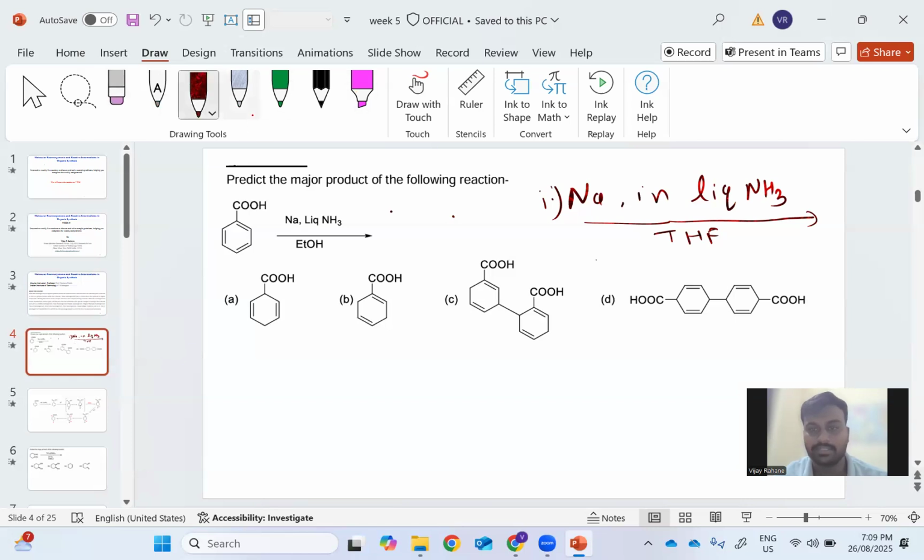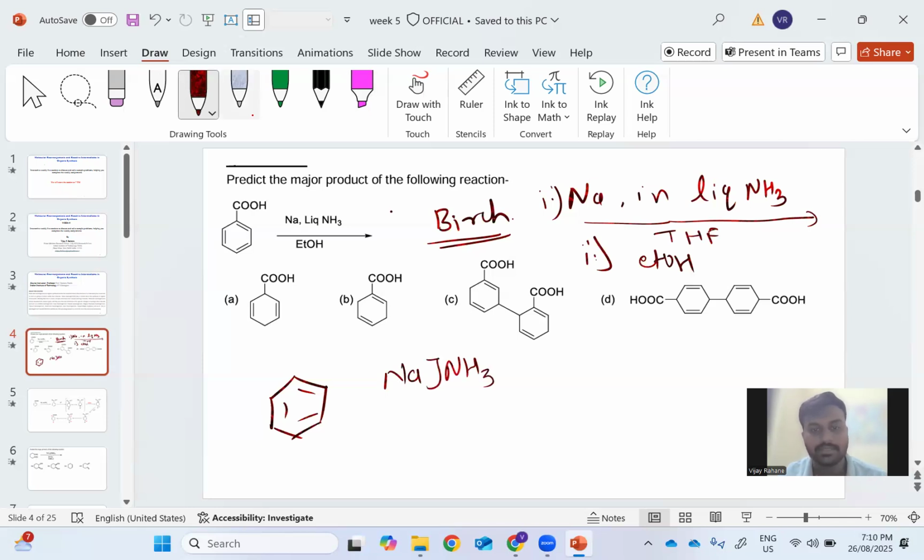So what happens in this reaction? This is the Birch reduction reaction condition, right? If you have such an aromatic system and it reacts with sodium in liquid ammonia, it forms an electrolyte salt plus one electron, right?